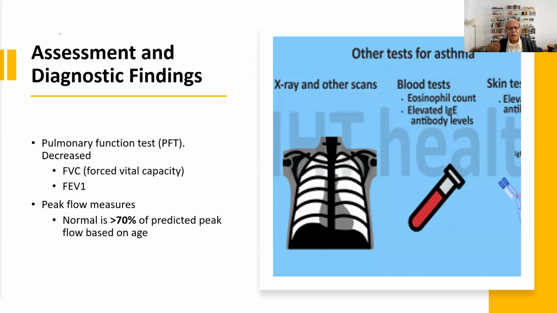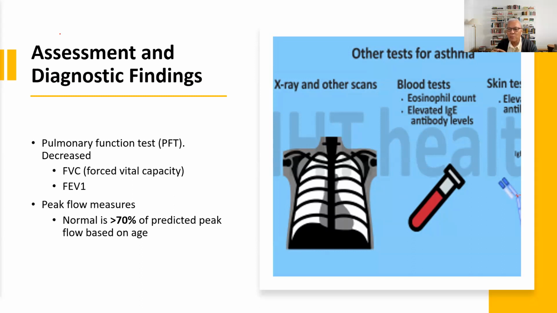Now, in an emergency situation, the quickest way to measure airway obstruction is to measure what we call the peak expiratory flow rate, or PEFR, which is essentially the fastest and the hardest a person can exhale after a full inspiration.